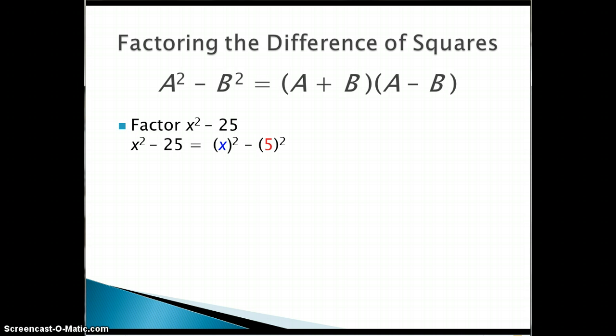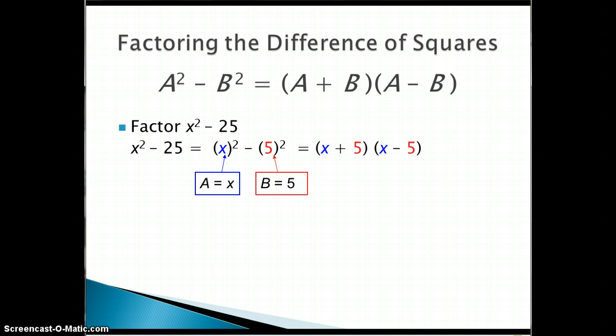So your first step to use this formula is to identify what the a and the b are. Since we would need to square x to get x squared, the a is equal to x. Since we would need to square 5 to get 25, the b is equal to 5. Once we figure out what the a and the b are, we simply replace all the a's and b's on the other side of the formula with those expressions.